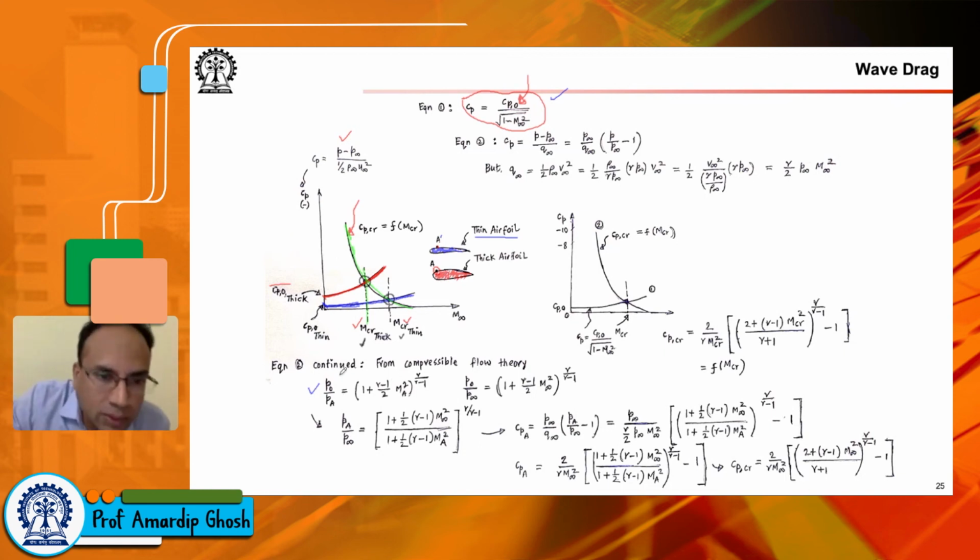If you look at this one, P naught by PA is given by (1 plus (gamma minus 1) by 2 MA squared) to the power gamma by (gamma minus 1). Okay, so this is nothing but a connection between P naught, which is known as the stagnation pressure, and PA. You can think of it as a total pressure. That is, if you have a field, you bring the flow to rest isentropically.